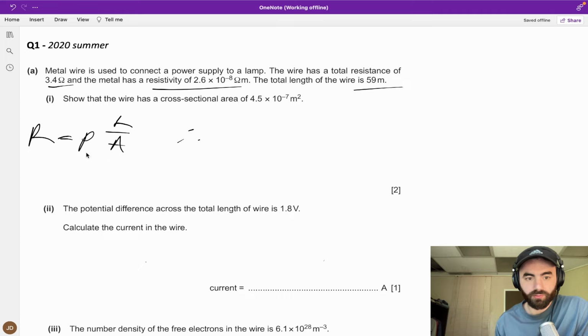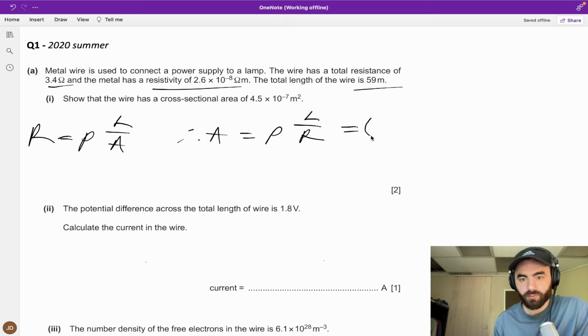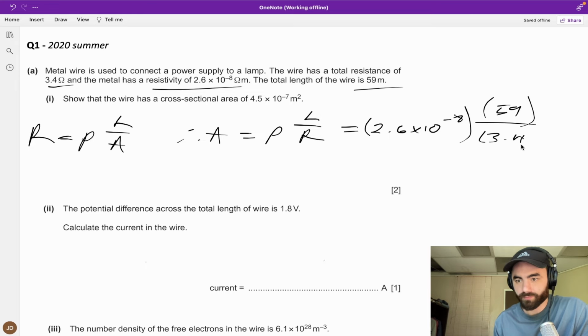So we need to rearrange for A. It's going to be rho L over R. Resistivity is 2.6 times 10 to the negative 8. The length is 59. And the resistance is 3.4.